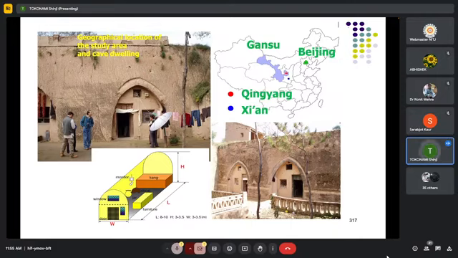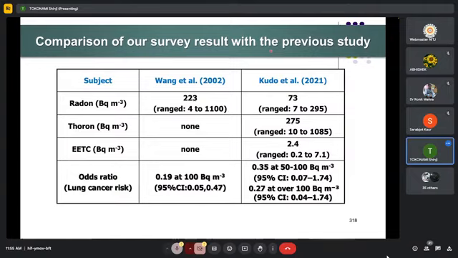So we visited this area, Gansu province. As I told you, in this area a radon epidemiological study was conducted. Here's the intercomparison of our survey result with the previous study.